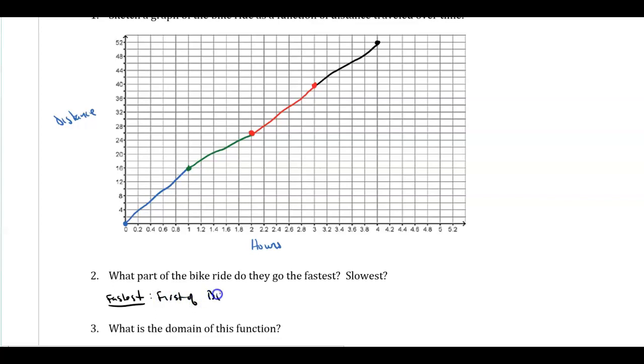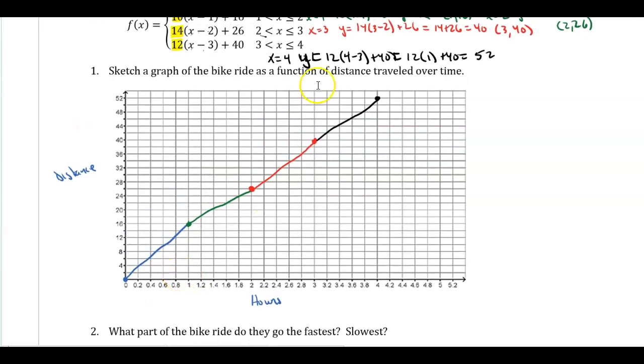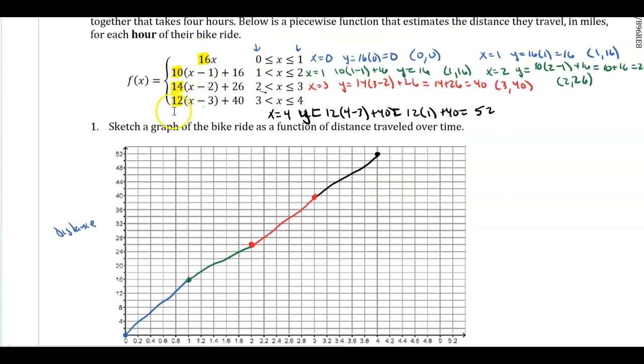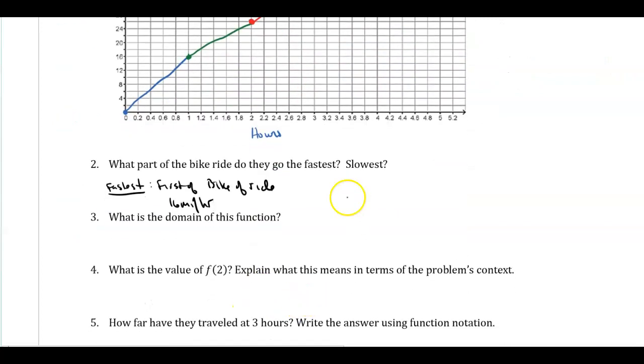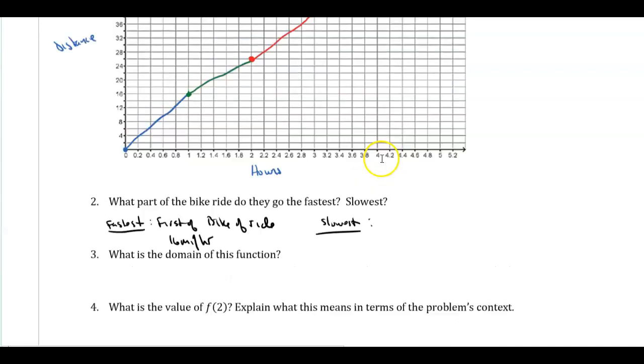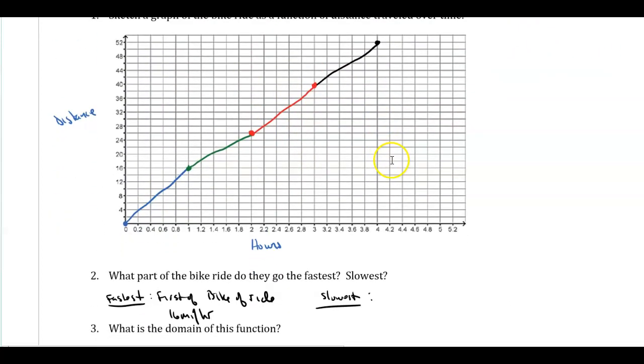of the bike ride, right, and they are going 16 miles per hour. And when are they going the slowest? Well, what's the smallest rate of change here? That would be 10. So the slowest part would be the second part of the ride.